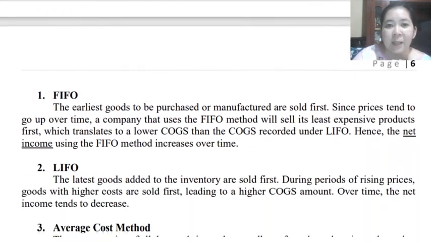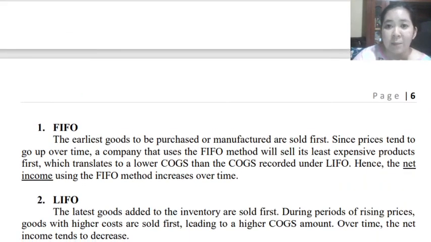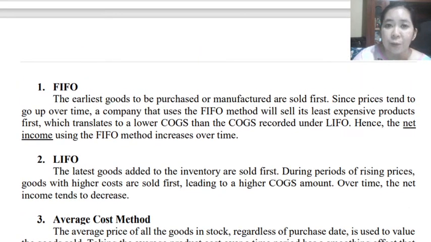Okay, so FIFO, the same as what we have discussed before. Meaning the earliest goods that were purchased or produced should be sold first.